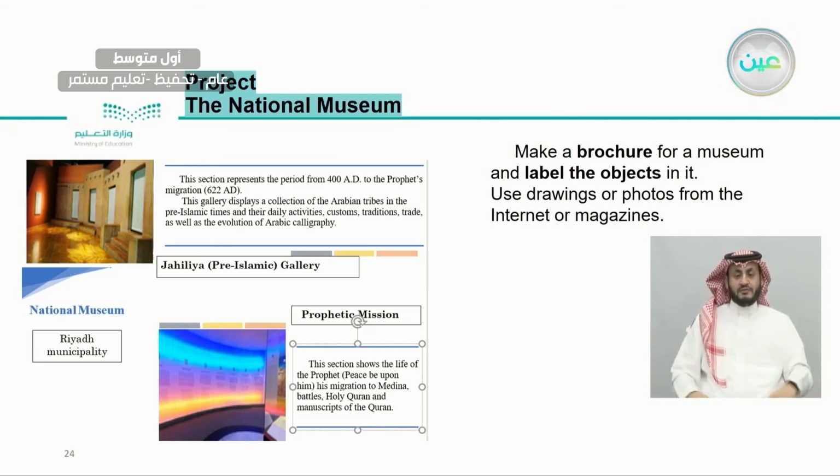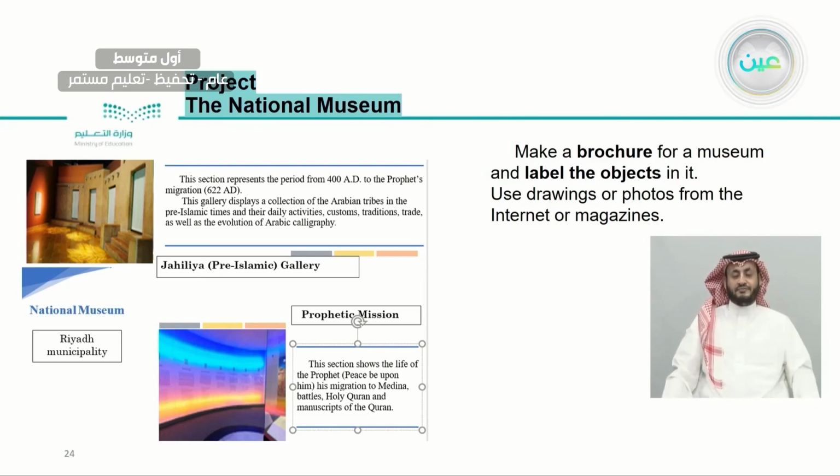I labeled the objects. Make sure you write the information that is related to the same picture. So in here, this is the Pre-Islamic Gallery. I just put the picture right here. I wrote some information that is useful for my audience or readers to help them visualize how it looks from inside.